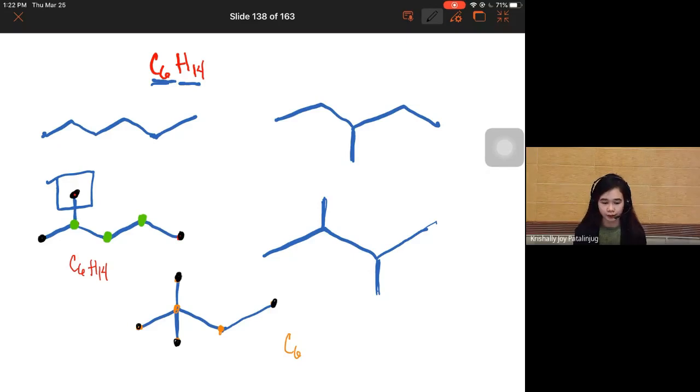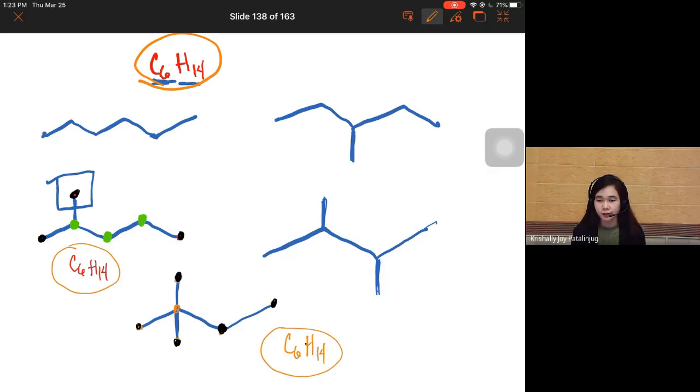Plus the last carbon highlighted in black with 2 hydrogens, total of 14. So if you look, they all have the same formula, C6H14, but they all differ in structure.